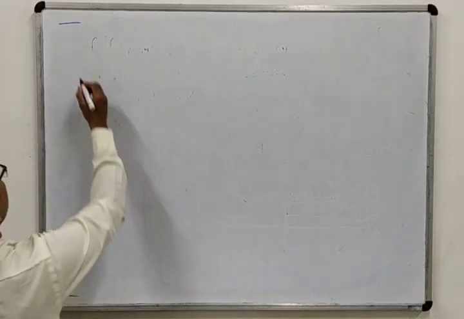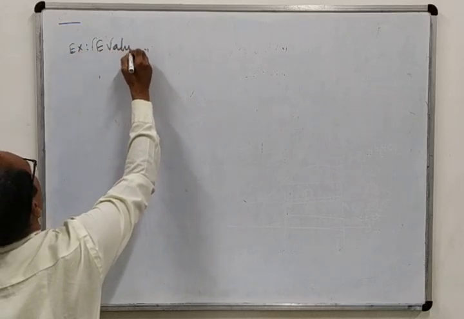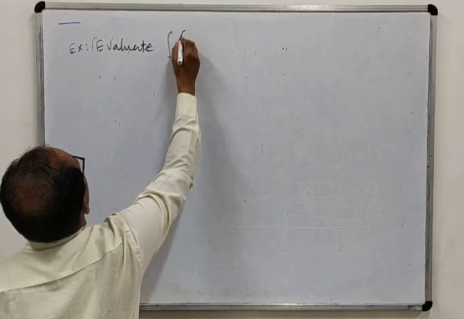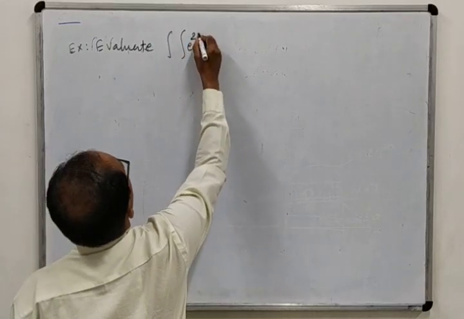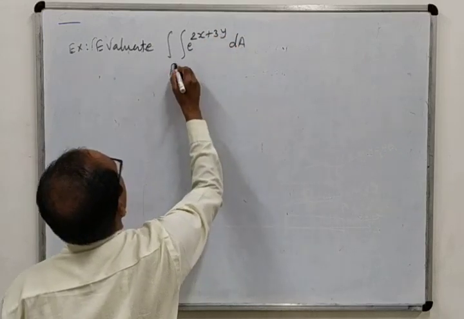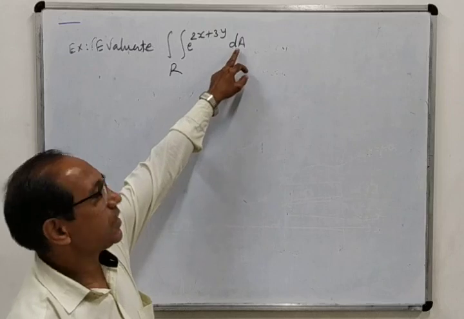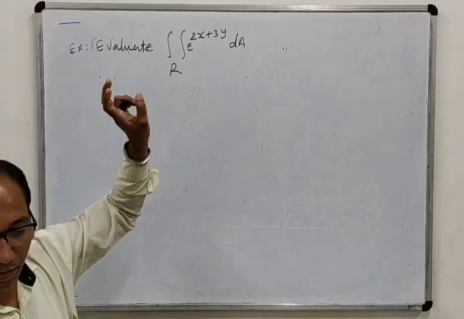Suppose we are given the example: evaluate the double integration of e raised to 2x plus 3y dA over the region R. Here dA means dx dy or dy dx, and this depends upon us.